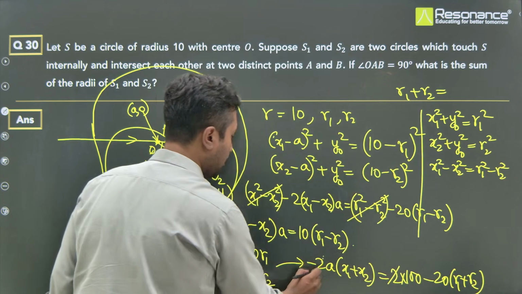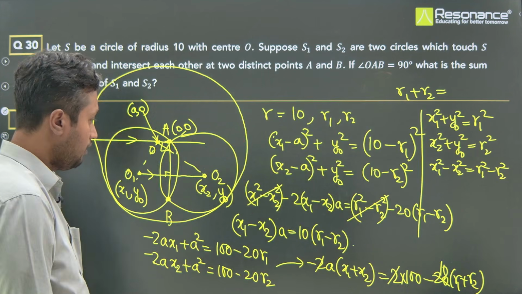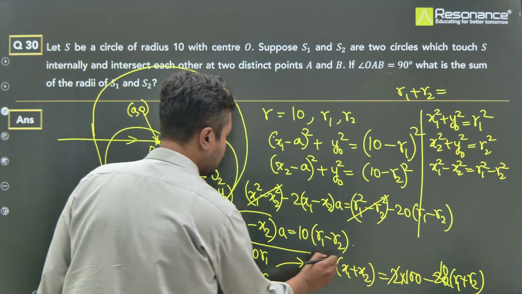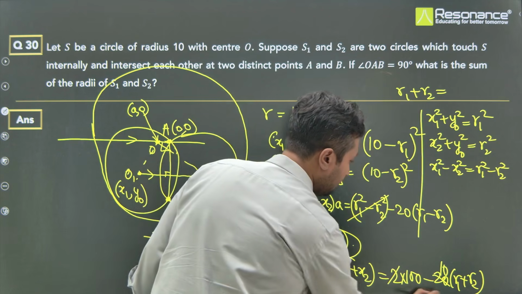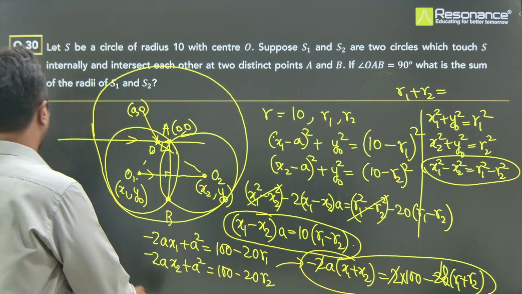I can cancel 2 from everywhere and I'll be left with that, right? Okay, so let's write these three equations. I'll write it in the next page. This one and that one, right?